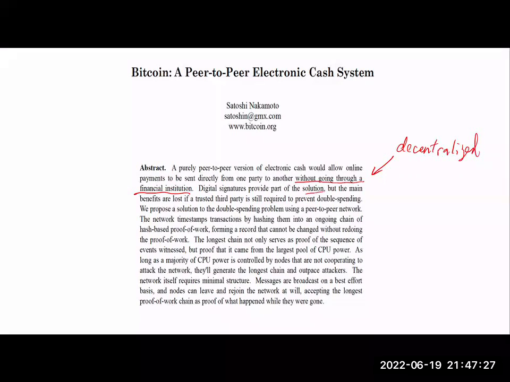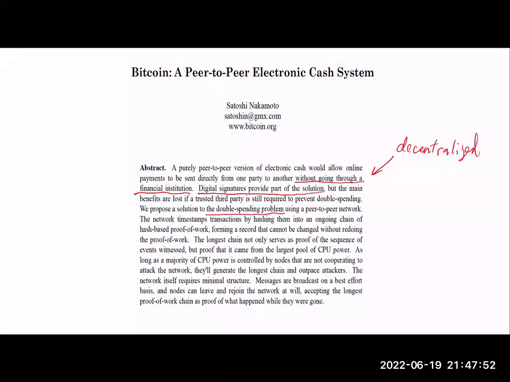The first one is digital signature. The concept of digital signature was invented way earlier, in the 70s, I believe. But the main benefit is lost if a trusted third party is still required to prevent double spending.